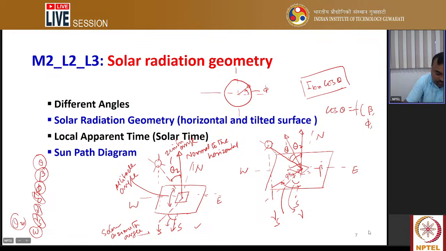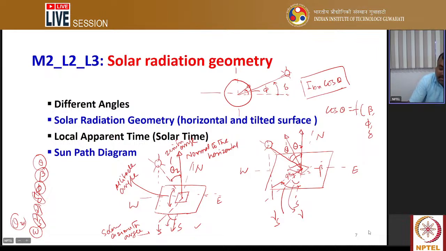Okay, so this is phi, and delta is something like if the sun is here, if we connect the center of the sun and the center of the Earth, and project it on the equatorial plane, then the angle they make is nothing but delta.